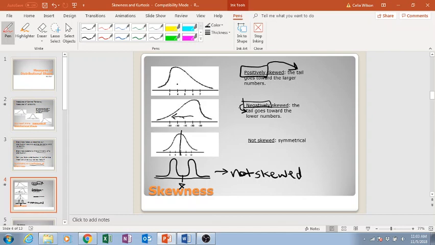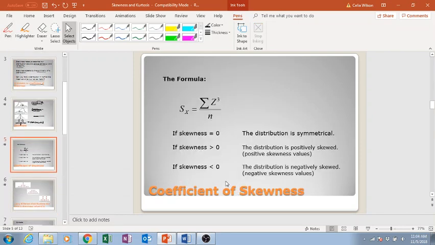And so the average person in this neighborhood might actually be around here, but the average is looking higher because the mean is being pulled toward the tail because of the influence of those very pricey homes. So that would be an example of being positively skewed because our value is being pulled toward the higher numbers. Here, the reverse is happening. Our mean value is being pulled toward the lower numbers. Okay? Let's go to the next slide.